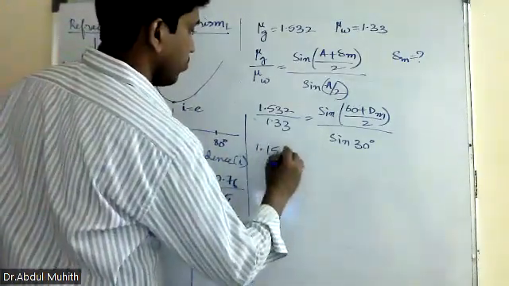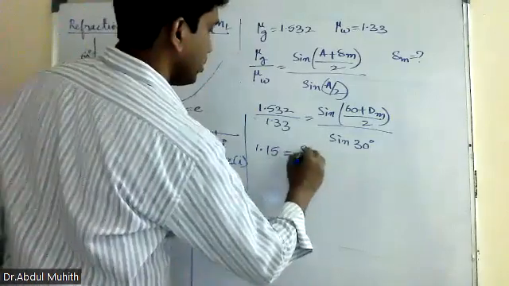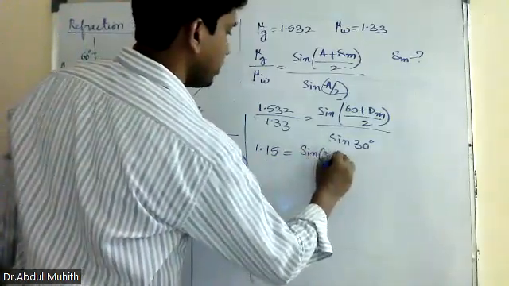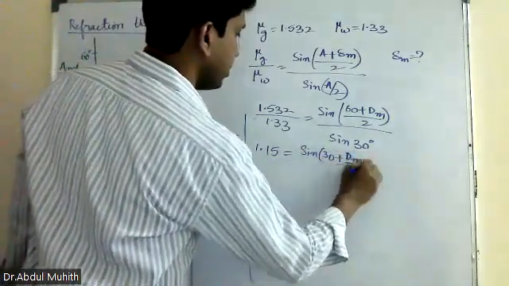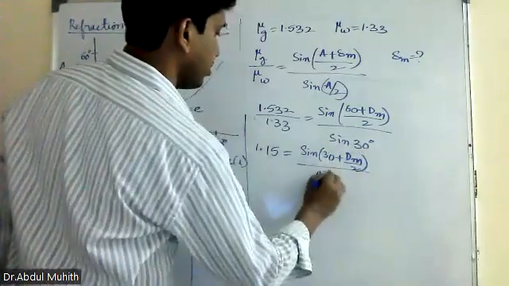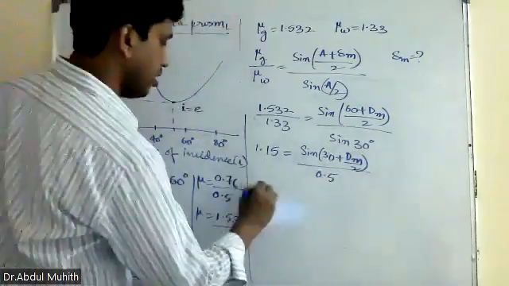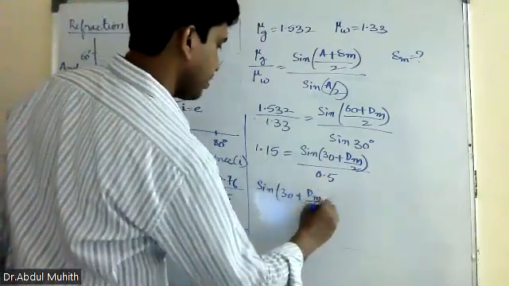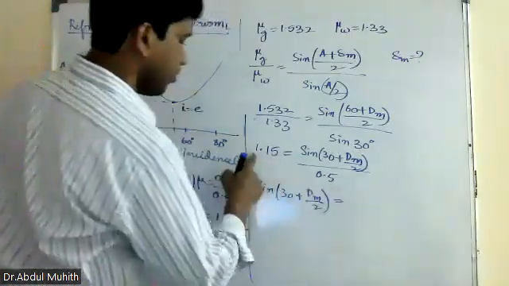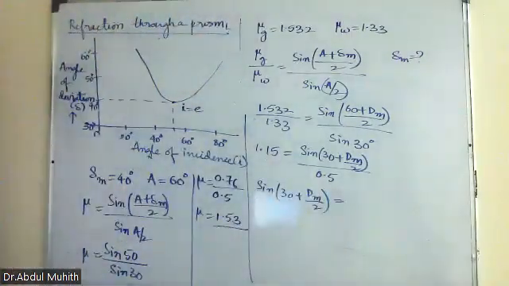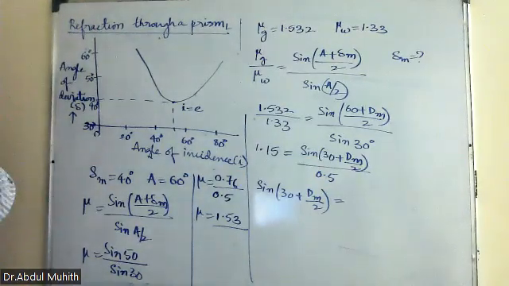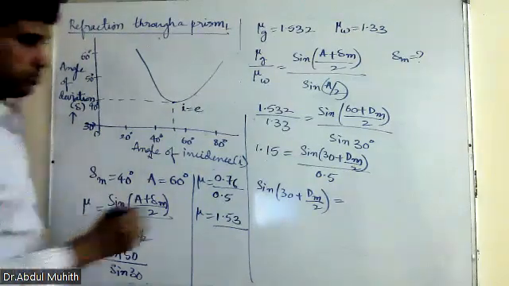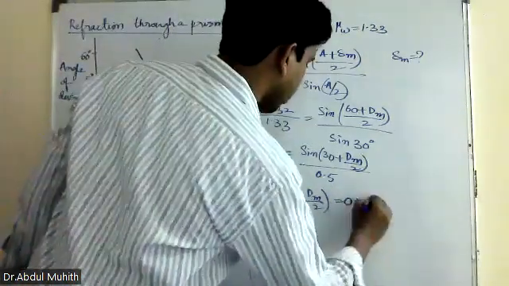So 1.15 is equal to sine of (30 plus dm by 2) divided by sine 30, and sine 30 is 1 by 2, 0.5. Okay, we will multiply this now. Sine of (30 plus dm by 2) equals 1.15 multiplied by 0.5. How much is the value? 0.57, you got, right?